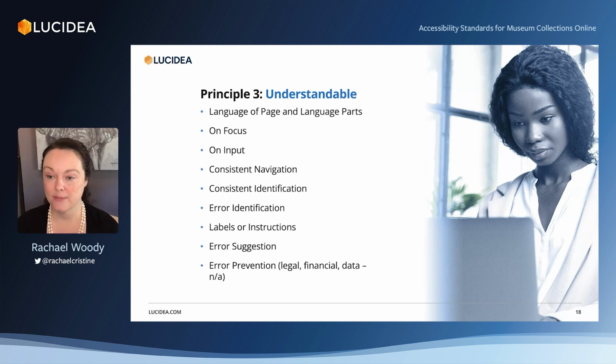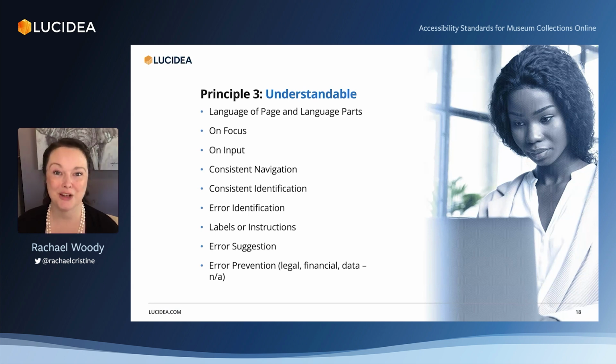Error suggestion, and this is another excellent one for increased usability, is that whenever a user provides some sort of input and there's some sort of error, or for us, if our search doesn't execute properly, there's some helpful information provided as to why the error occurred and what they could do differently that may have a more successful result.